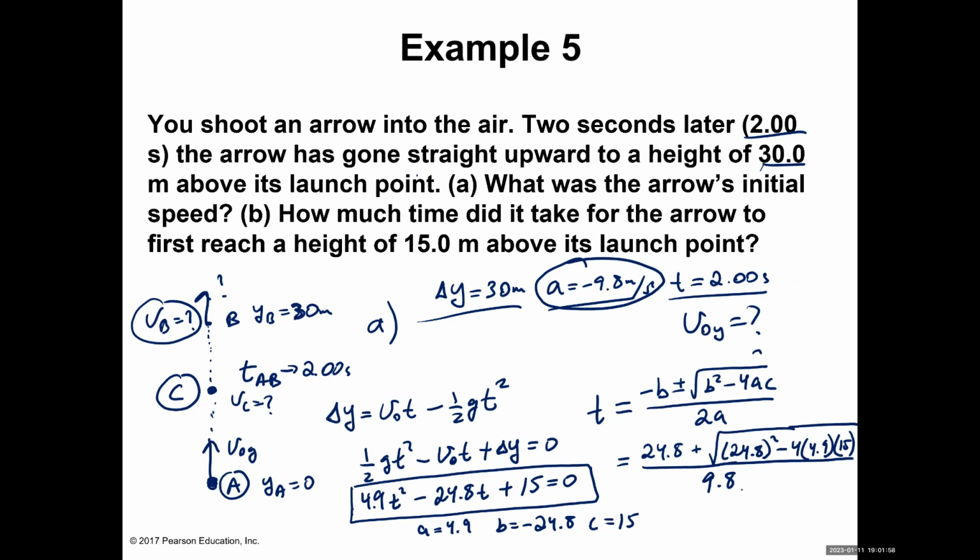Okay. So 24.8 plus the square root of 24.8 squared minus 4 times 4.9 times 15, so 42 divided by 9.8. All right, so I get 4.33 seconds.